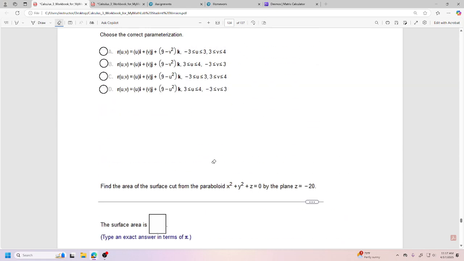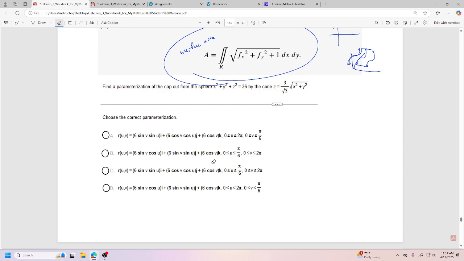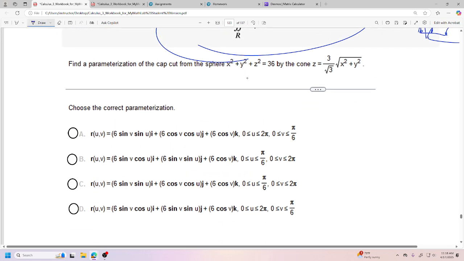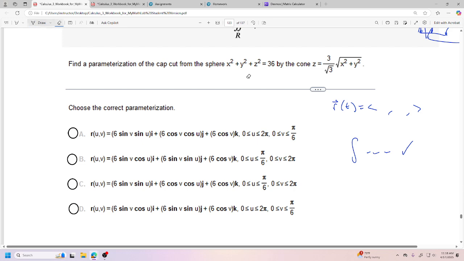Concept-wise, there's not much going on here, but I will want to do it with you just because it's fun. Those are fun questions. They're not hard. They say ignore everything that we've been talking about, and we need to do a parameterization for these two things. Normally what we do is R in terms of T, everything's in terms of T, and we do a single integral. We can't do that this time. They're saying surface area, therefore we need to use two variables.